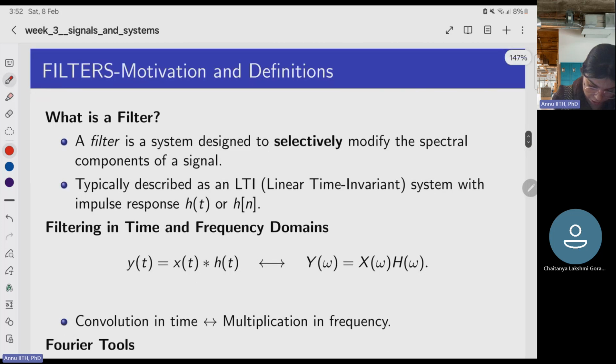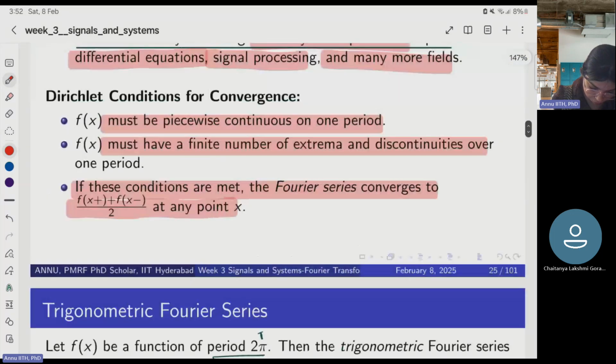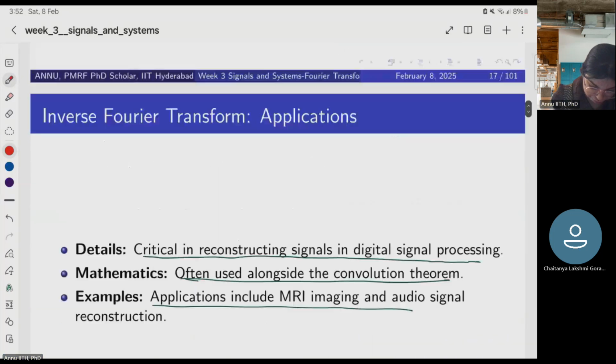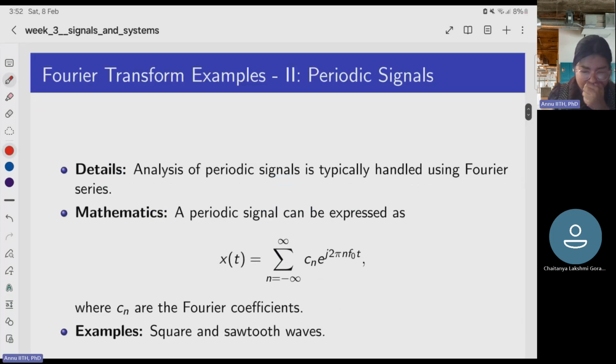Okay, so going back: what if there is a signal that is periodic in the time domain, and you want to calculate its Fourier transform? How will you calculate it? The function which is periodic in the time domain, we will represent in terms of Fourier series, isn't it?